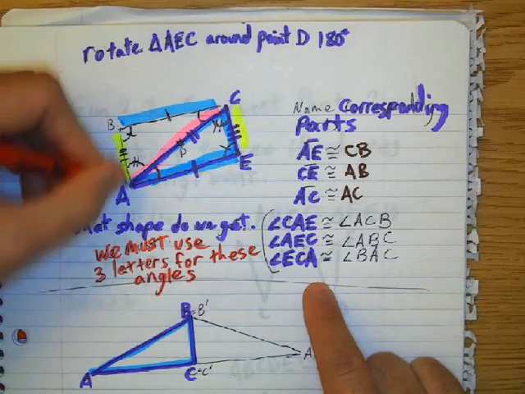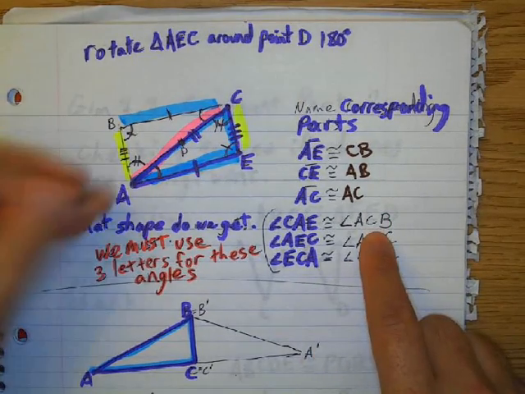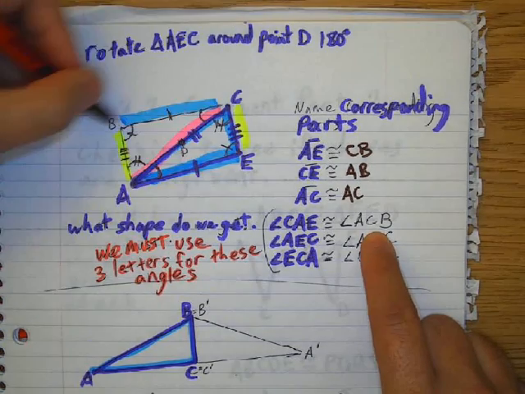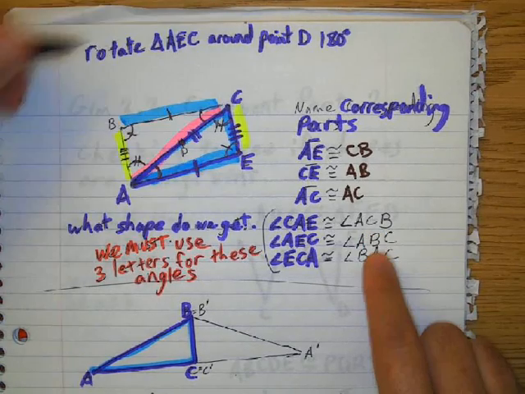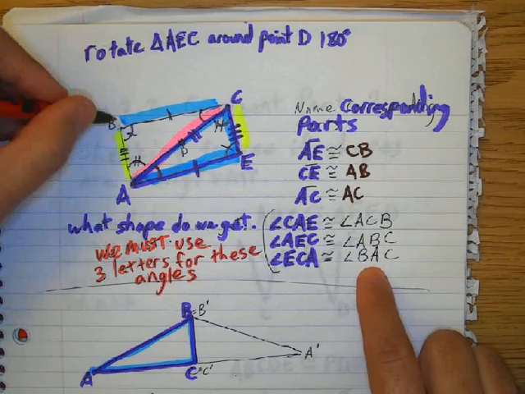The letter in the middle tells me where the center of the angle is. So ACB is this one right here. ABC, you go in order, BAC.